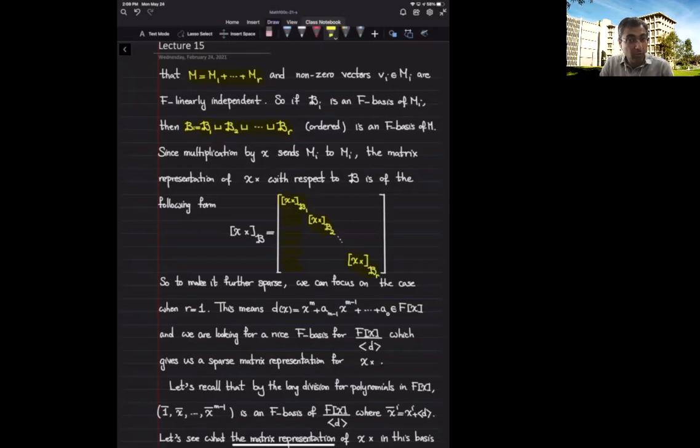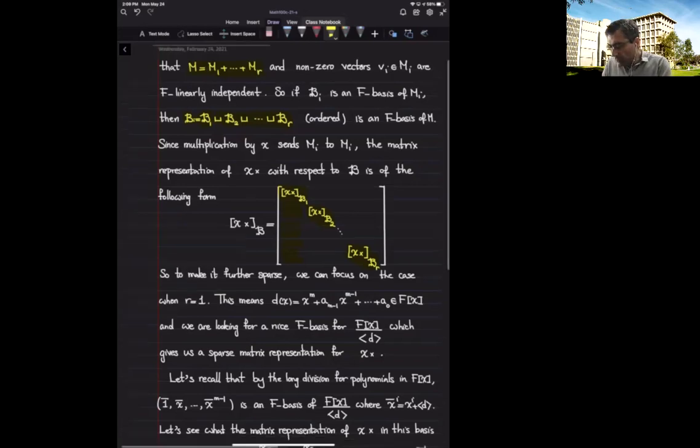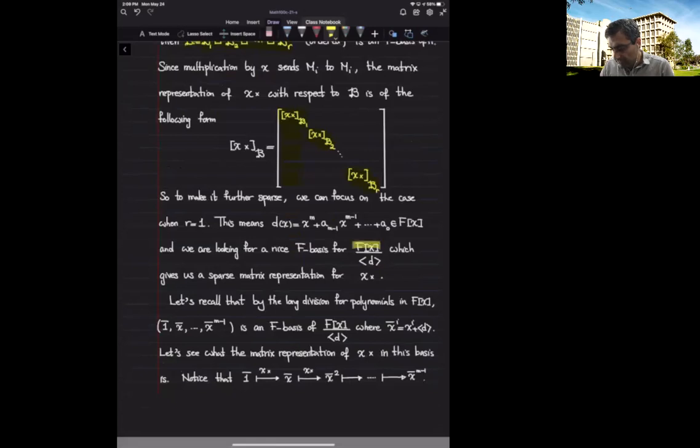For all we know, r might be 1, then I have only one block. So the question is, can I find a nice basis for the module given by F[x] modulo a monic non-constant polynomial d? So I give you a monic non-constant polynomial, that means a polynomial of this form, x to the m plus a sub m minus 1 x to the power m minus 1 plus dot dot dot plus a sub 0.